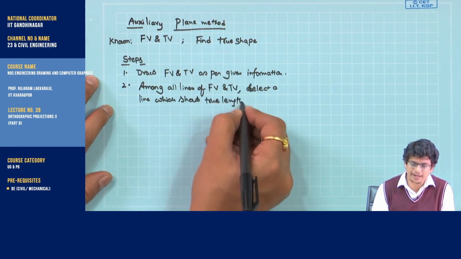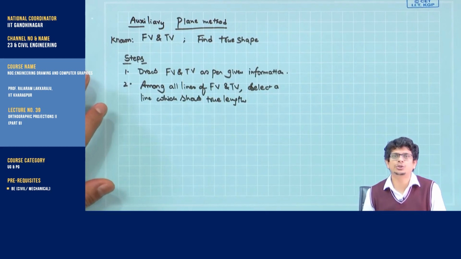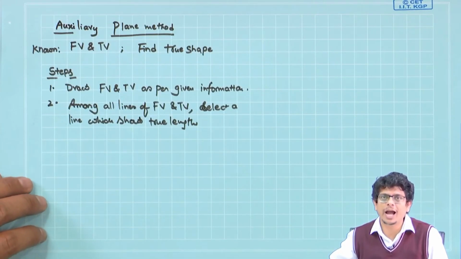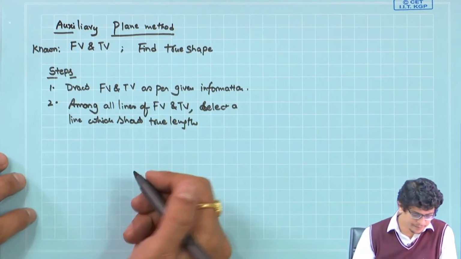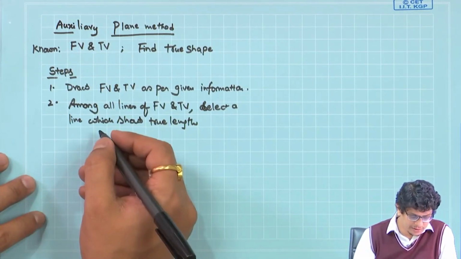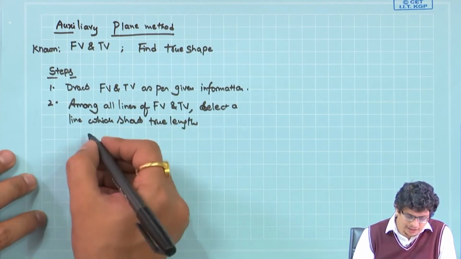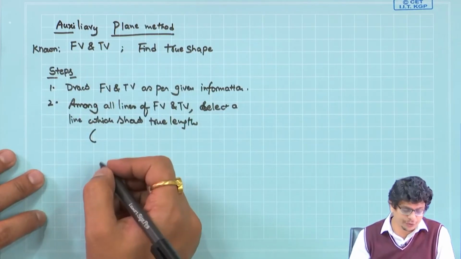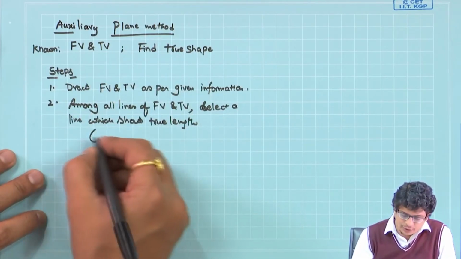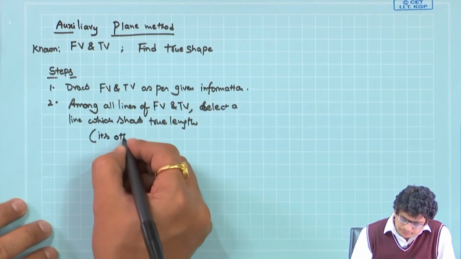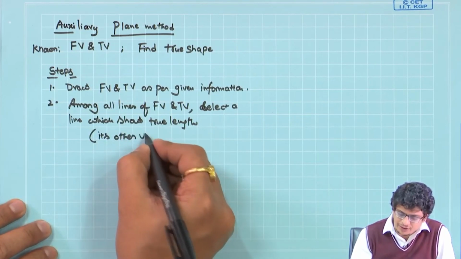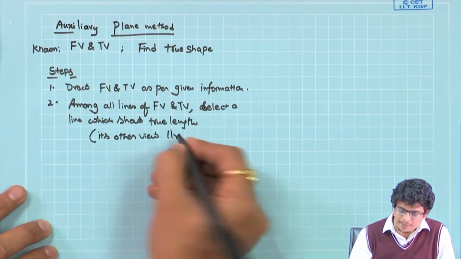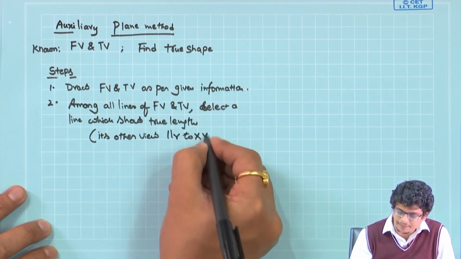For example, a 30 mm side supposed to be the true length. If that is the case, then we have to pick such a line. When we are doing that, because it shows true length, the other view must be parallel to the xy axis. Whenever we have this true length, the other view is always parallel to the xy plane.